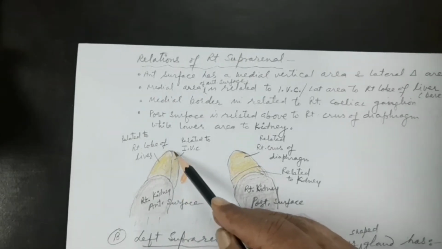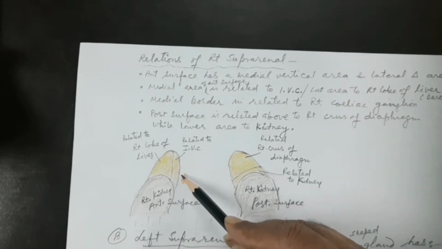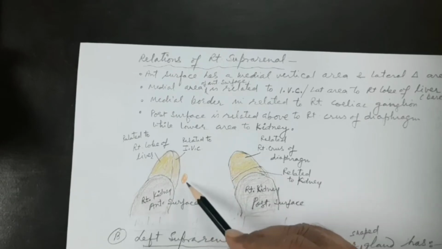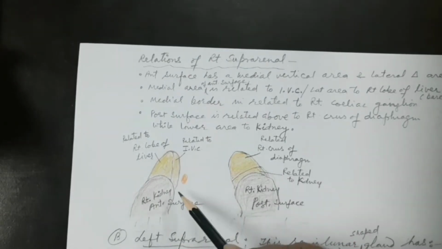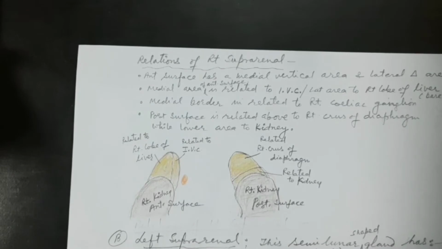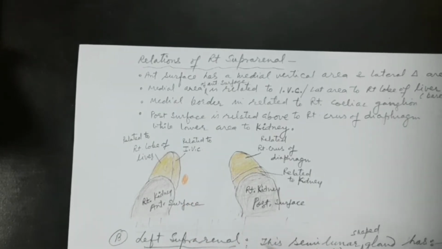Now this medial border, see this medial border? This medial border is related to the right celiac ganglion. You know, there is one right celiac ganglion and another on the left, and they lie on either side of the celiac trunk. It is a ganglion of the autonomic nerve plexus.